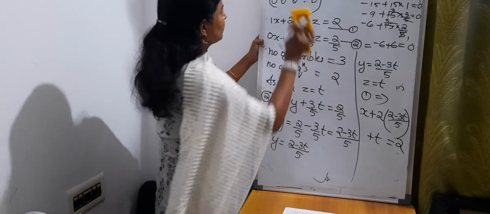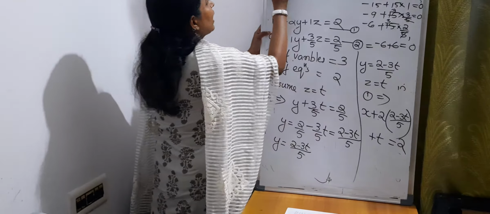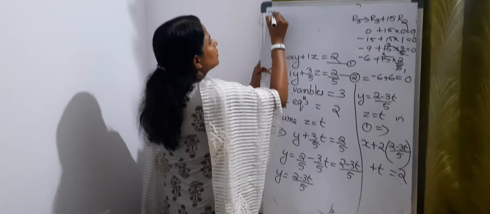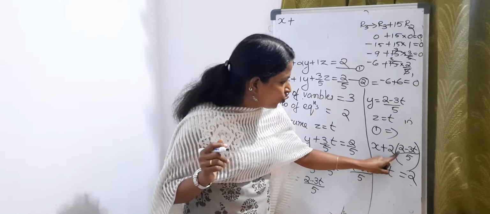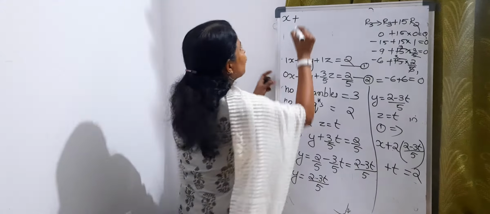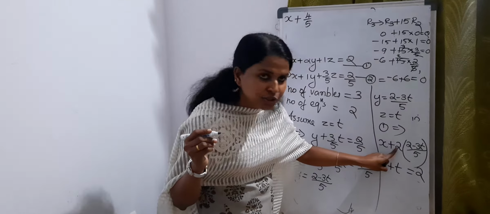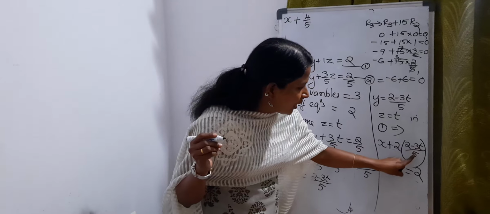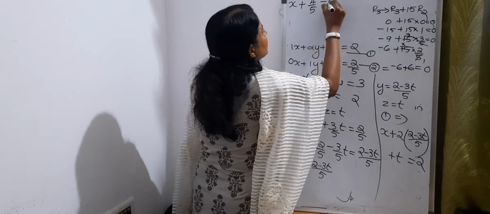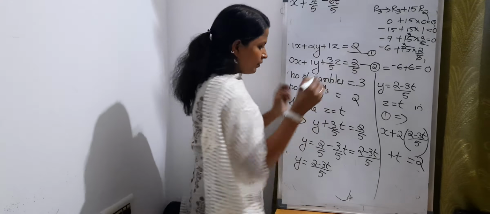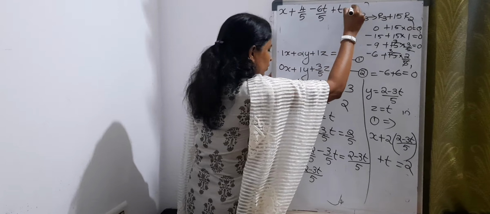I will write here: x plus, open the bracket, 2 into 2 by 5 is 4 by 5. Then open the bracket here, 2 minus 3 by 5t, that is minus 6t by 5, plus t equal to 2.